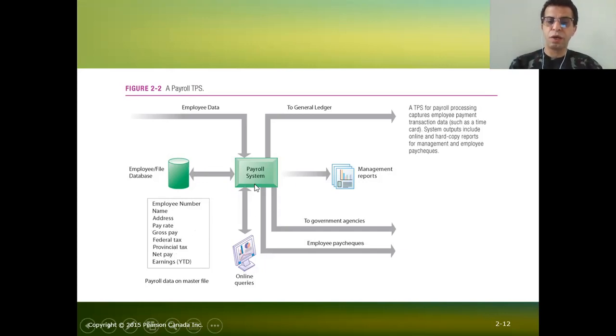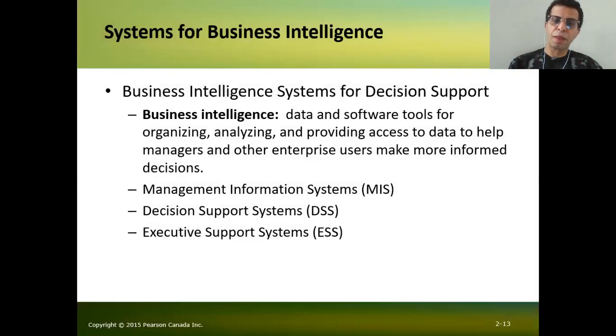You do online queries, and employee data is extracted and goes to the general ledger for the salary payment. Then you manage a report, part of which goes to the government, and the system generates the employee paycheck. So these are the TPS of a payroll.